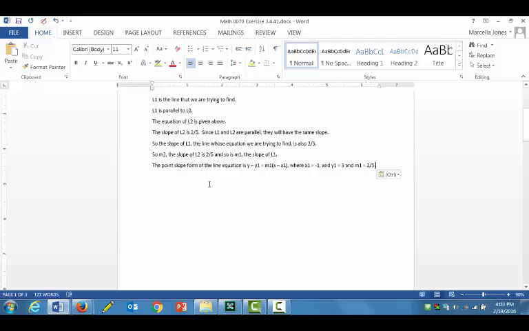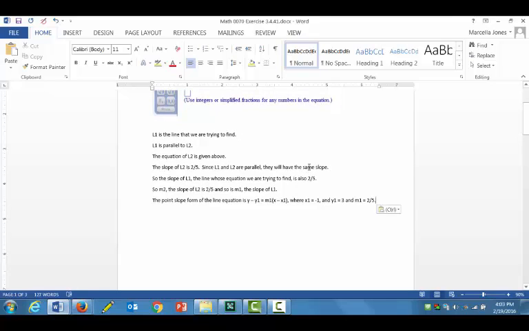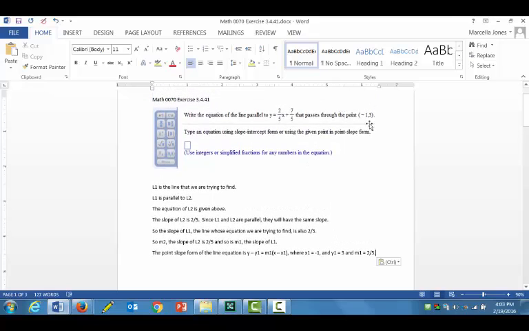The point-slope form of the line equation is y minus y1 equals m1 times x minus x1, where x1 is -1 and y1 is 3, the coordinates of the point that L1 passes through.